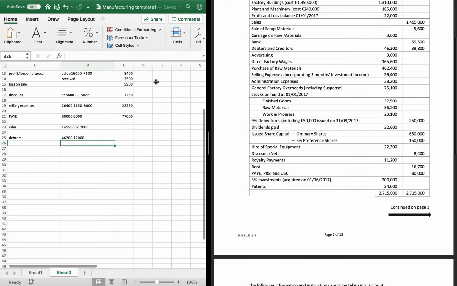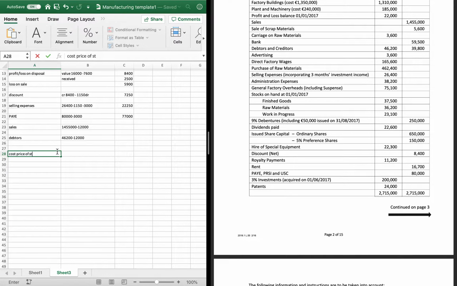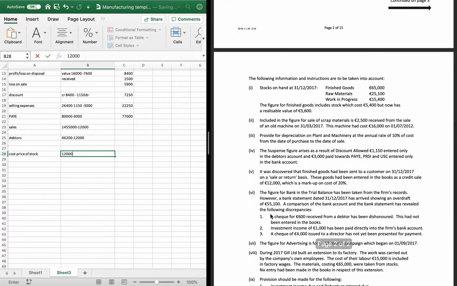What it does mean is that our stock of finished goods is going up by the cost price. So I'll just work that out. This cost price of stock isn't given, but if it's 12,000 and it equals cost plus a markup of 20%, so it's cost plus 20%, we're going to divide that by 120 and multiply by 100, and that'll get you back to the cost price.